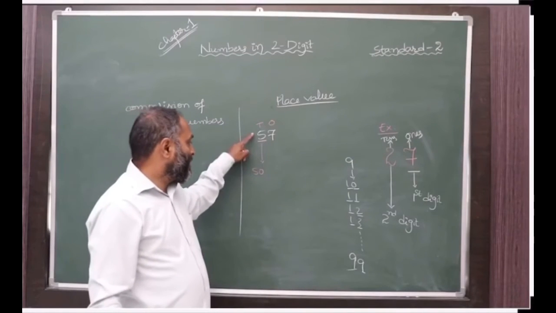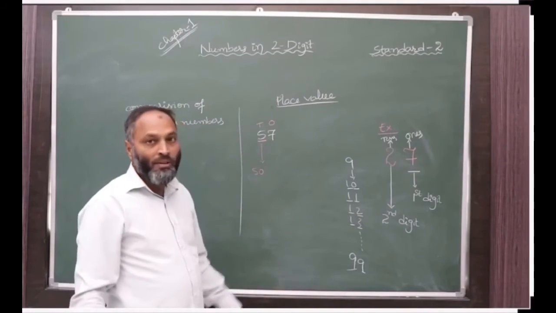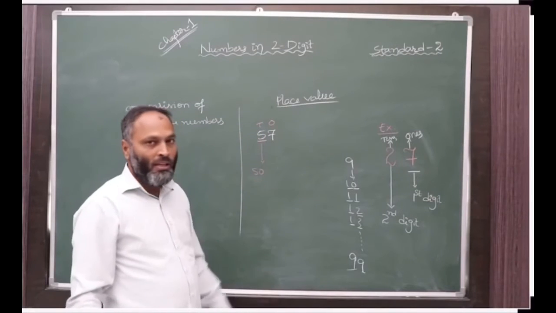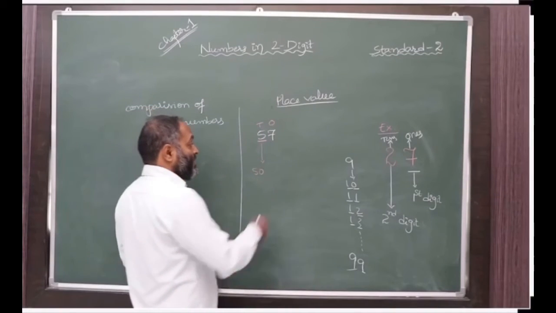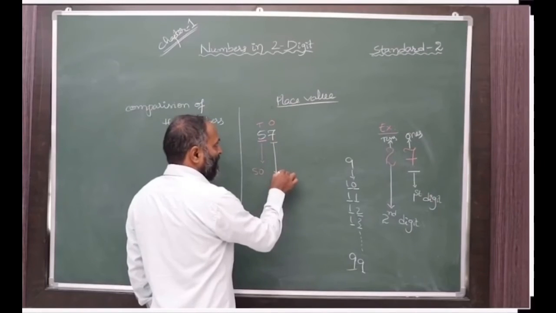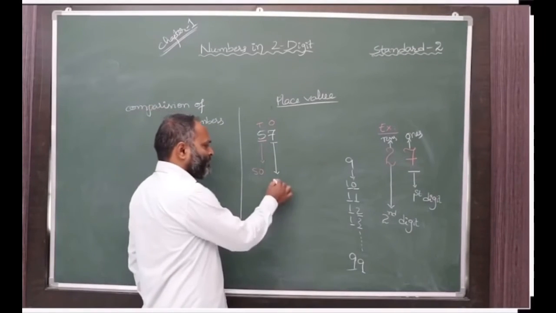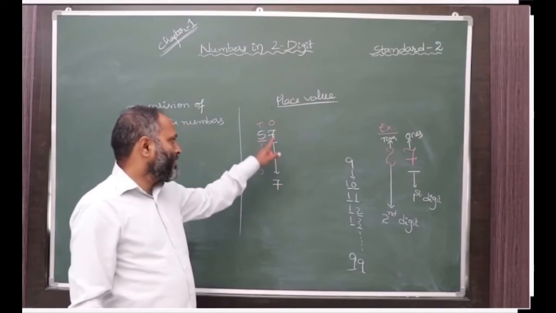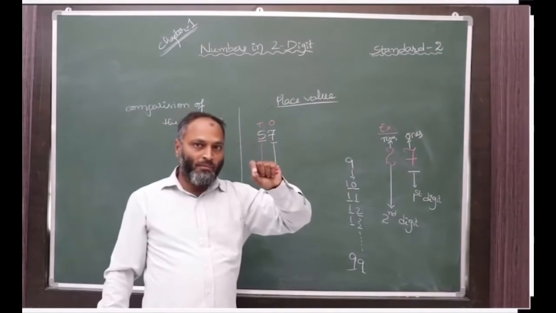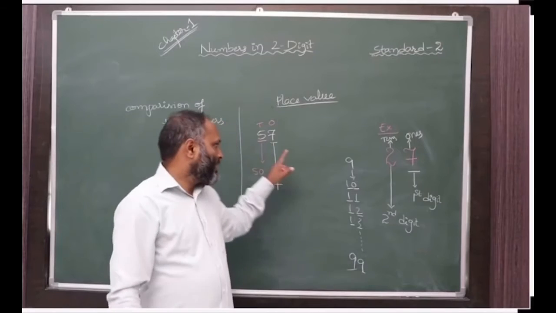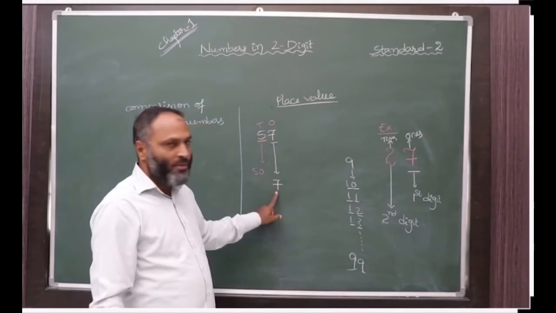When the number is in the tens place, the place value is 50. If I ask the place value of 7, the place value of 7 is 7 only, because it is in the ones place.